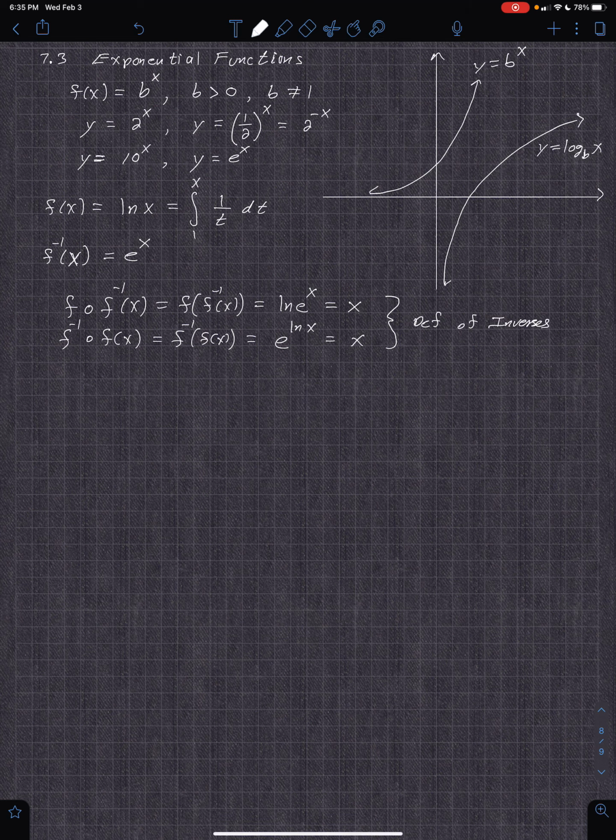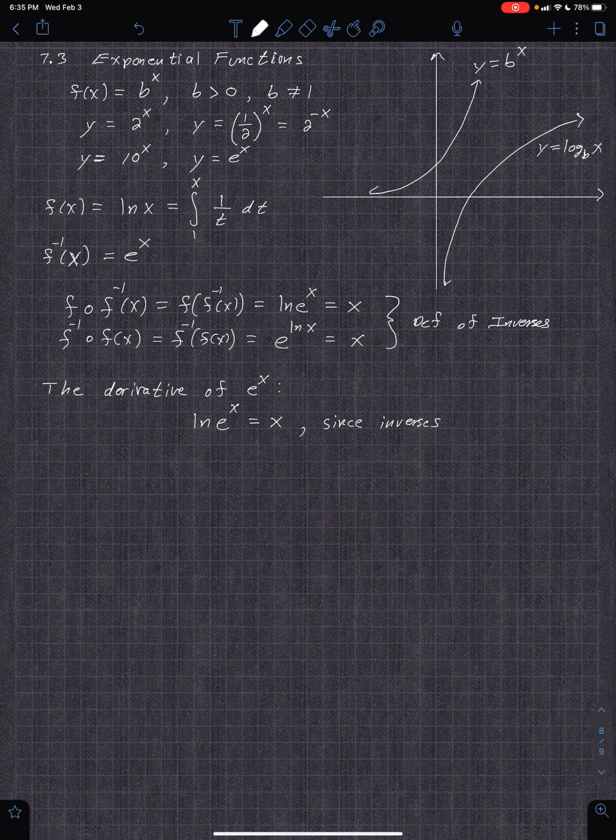So now let's look at the derivative of e to the x. And how would you show that? So check this out. Let's look at ln e to the x. We know ln e to the x is equal to x, since they're inverses.